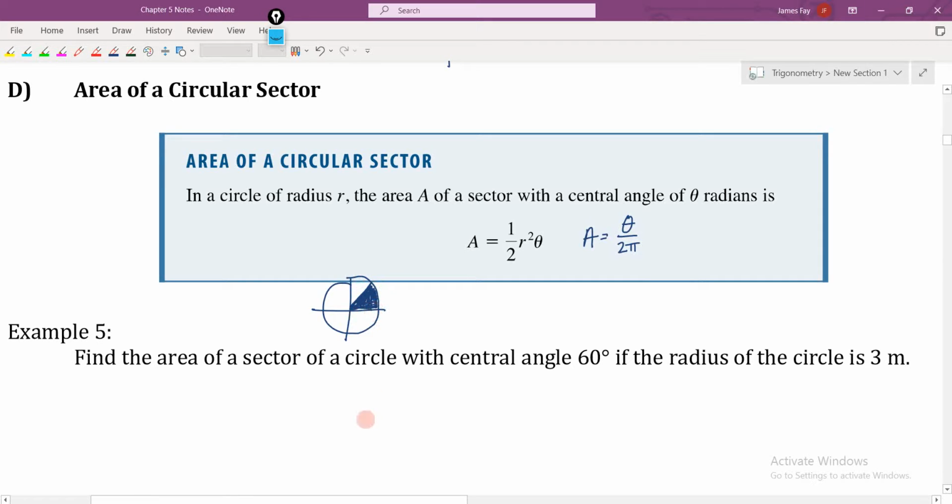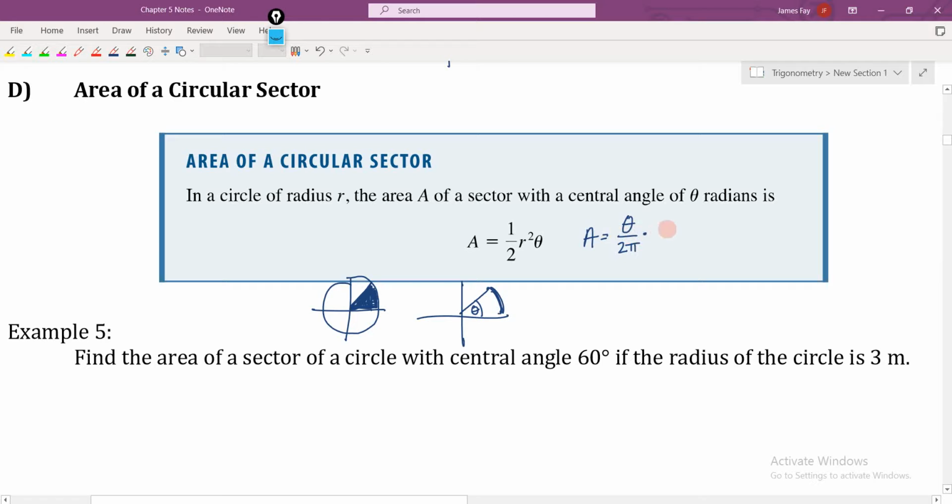So that's a sector, and we're trying to find that area. Well, that is a portion, or some percentage, of our entire circle. That central angle theta, whatever that angle is, is going to be the same as that arc as a degree. So theta divided by 2 pi will tell me what proportion this angle is of the entire circle.